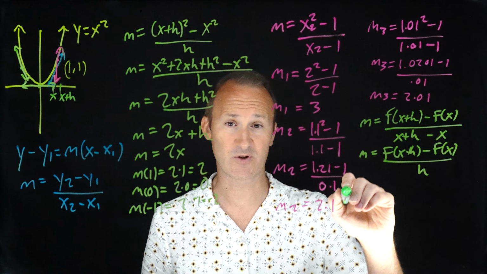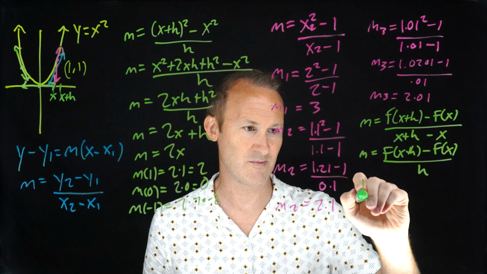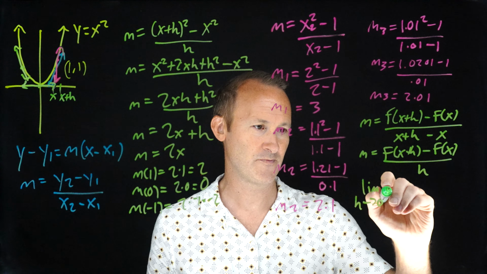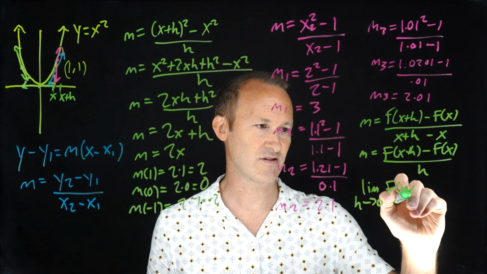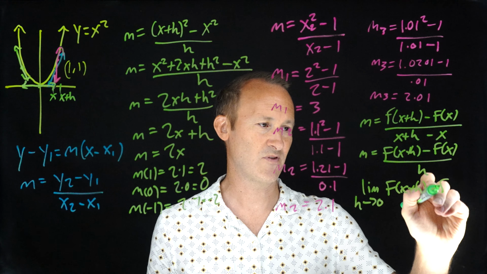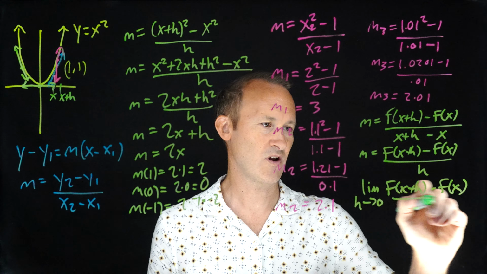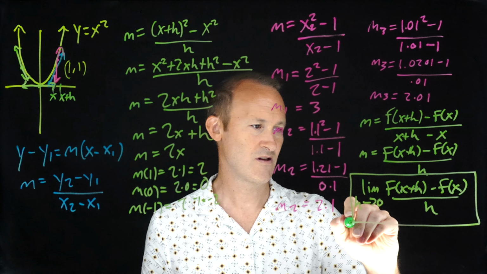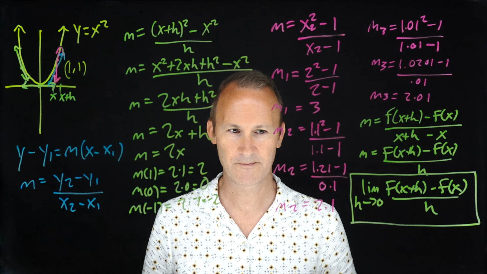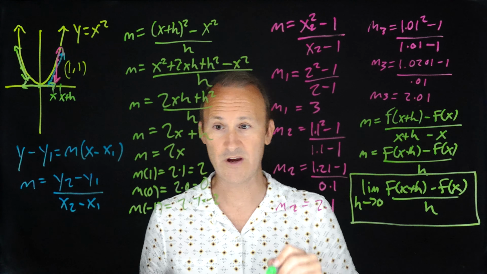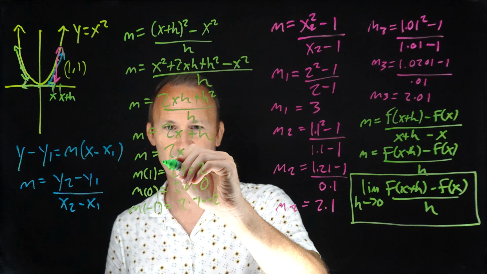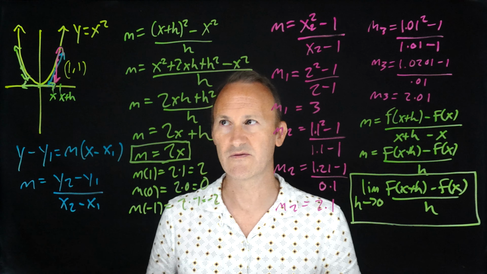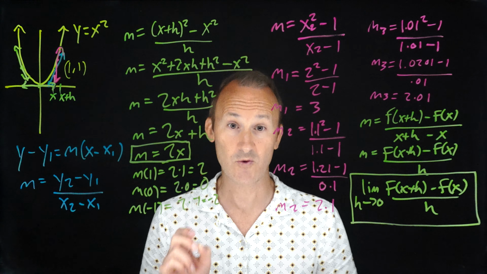And that concept, which we will explore in depth, is called a limit. So if you take the limit as h approaches 0 of f of x plus h minus f of x all over h, that is the definition of the derivative. And what we found, this m equals 2x, is the derivative of the function x squared.